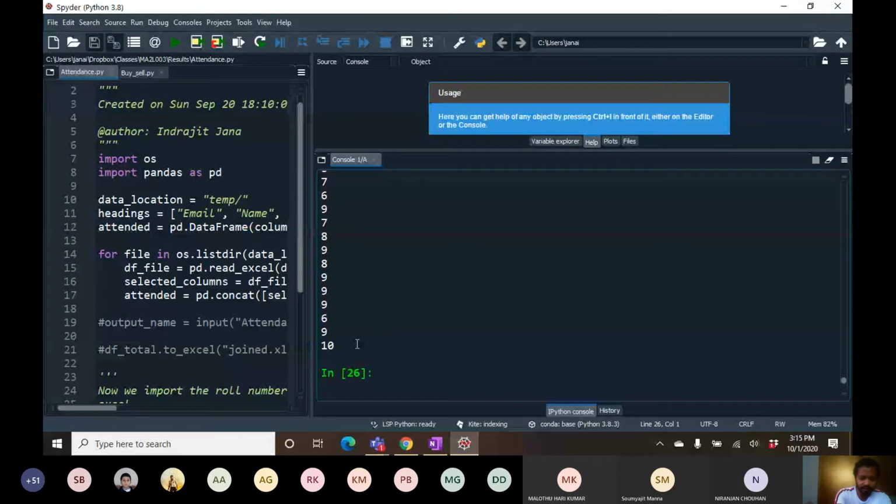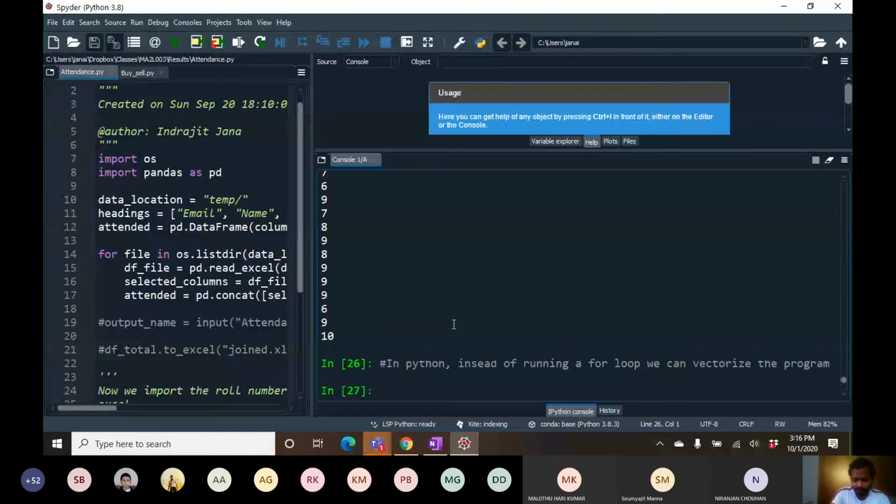There's another way to do that in Python. You do not always have to run a for loop. Instead of running a for loop, we can use what is called vectorized operations.